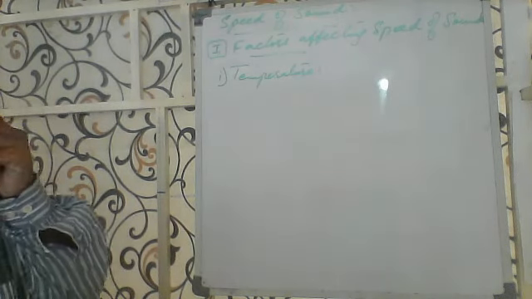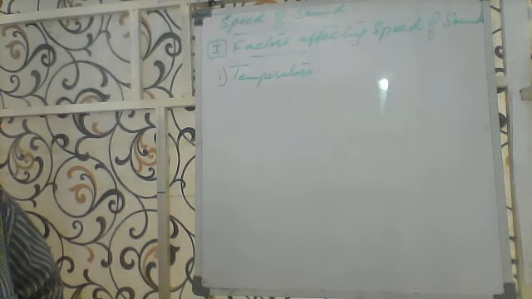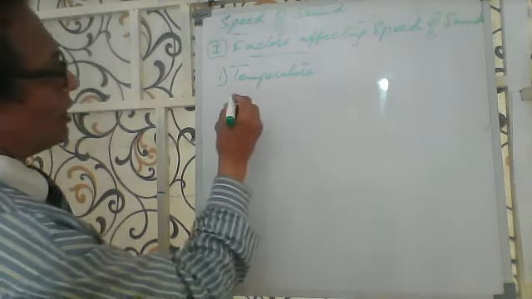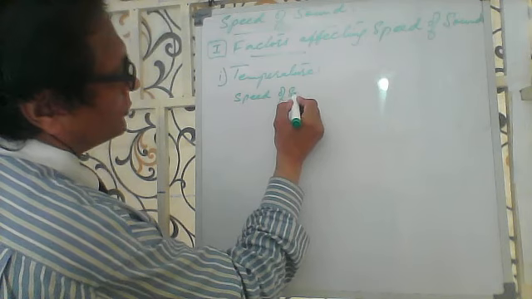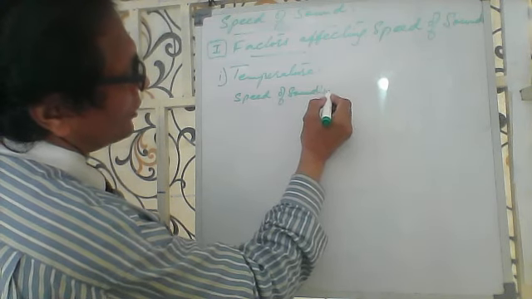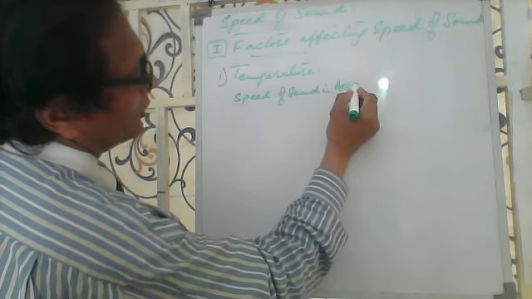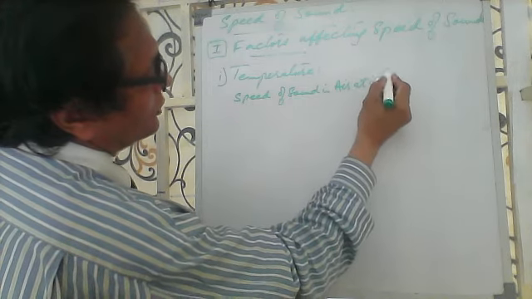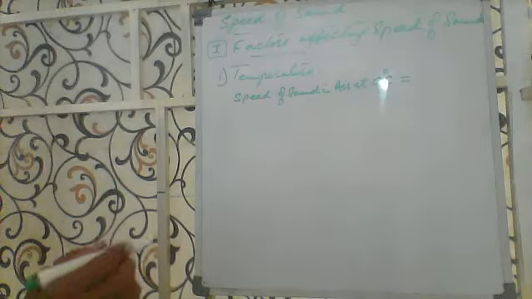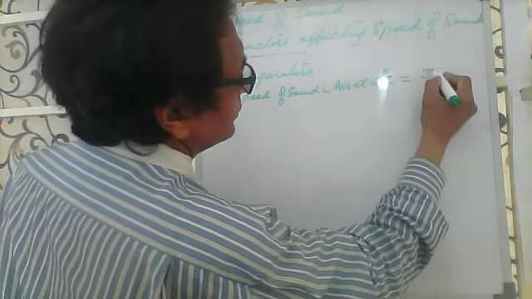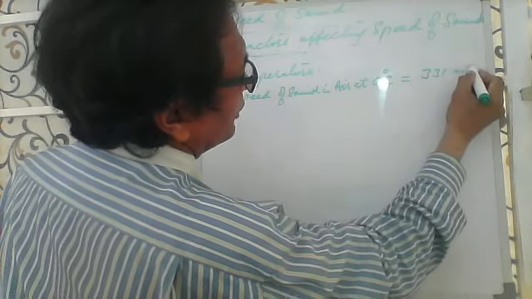For temperature in your book, the data is given as speed of sound in air at 0 degree centigrade is equal to 331 meter per second.